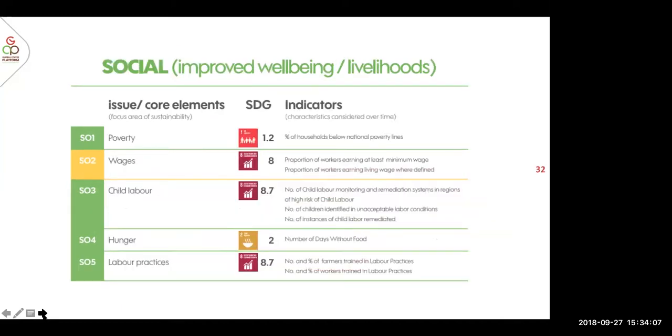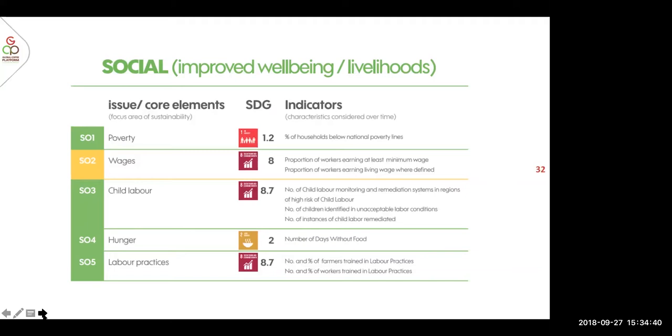On the issue of social issues, or improved well-being and livelihood, some of the key areas are issues to do with poverty, and for that SDG 1 is really key. Issues to do with returns to workers and so on. Issues to do with child labor. Hunger, on SDG 2, is also a key issue. In terms of the well-being and livelihoods of both workers and farmers at large.